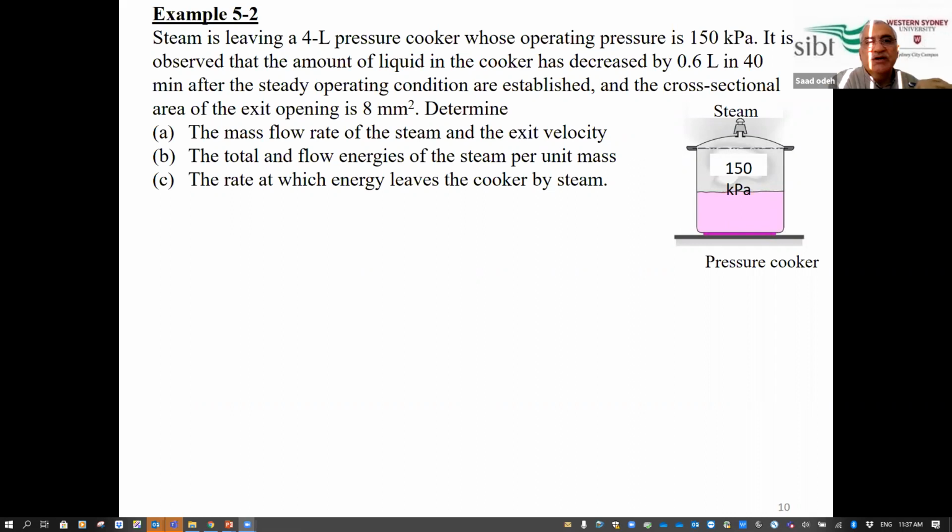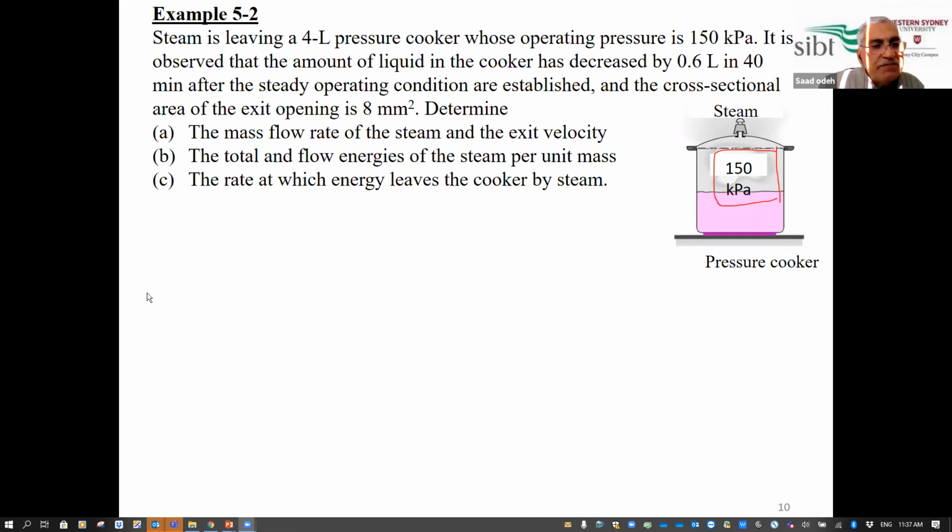In a pressure cooker, the operating pressure is given here, which is 150 kilopascal, which is higher than the atmospheric pressure. Can someone give me an approximation? What's the atmospheric pressure in kilopascal?